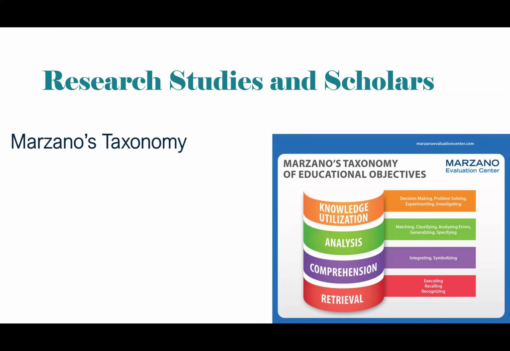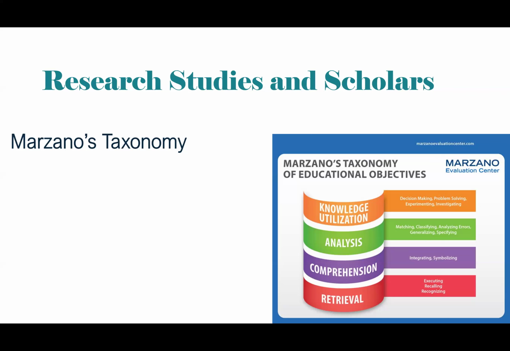Marzano's ideas about categorizing knowledge and cognitive processes influenced Webb's ideas about cognitive complexity. So if we look at it, Marzano and Webb share similar goals of encouraging deeper engagement with content, though Marzano focuses on instructional design while Webb focuses more on the complexity of assessment and task alignment.